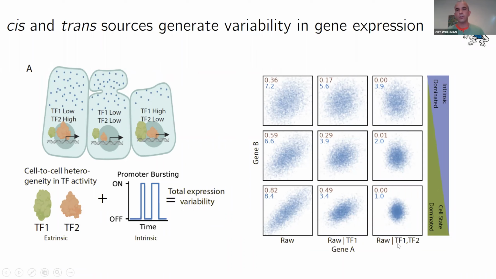And if I keep on doing that all the way to transcription factor 2, I should get to a point where there is no correlation anymore between cells because I regressed out everything that is shared between them. And then what I have left there is just an estimate of the dispersion, the Fano factor. Now, if it's really cell state dominated, if most of my noise is trans noise, as I do this procedure, as I condition or regress away the effect of transcription factor 1, the correlation goes down, and also the Fano factor goes down potentially more than it went down in the extrinsic noise dominated case.